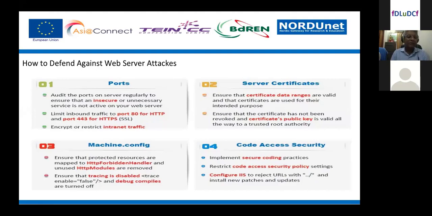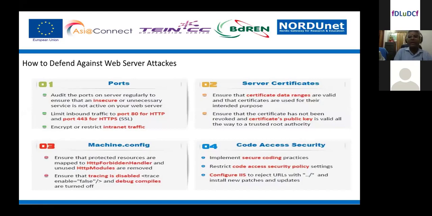So limit your inbound traffic, put limitations on the traffic that is coming, and then encrypt or restrict the intranet traffic. You have to restrict the intranet traffic, and as well as you have to encrypt it.